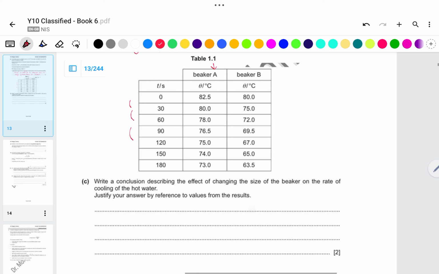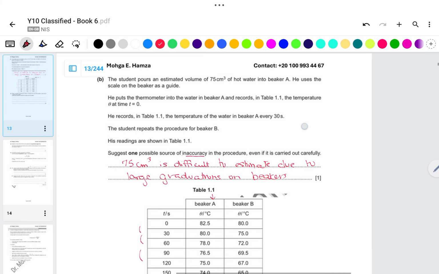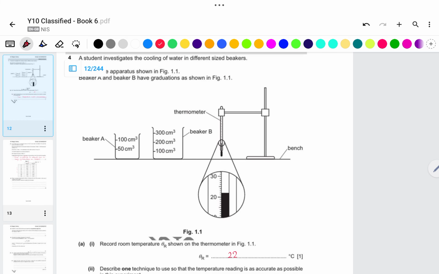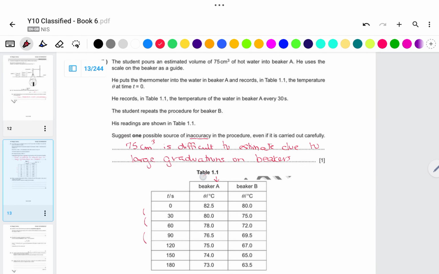Next part, C, write a conclusion describing the effect of changing the size of the beaker on the rate of cooling of the hot water. Justify. Okay, so here we can see that when we change the size of the beaker, so we have beaker A and beaker B, and I just want to remind you that beaker A was increments of 50, beaker B was increments of 100.